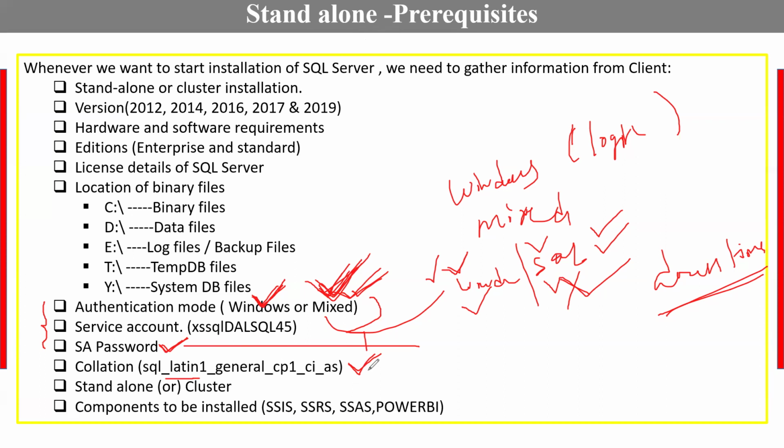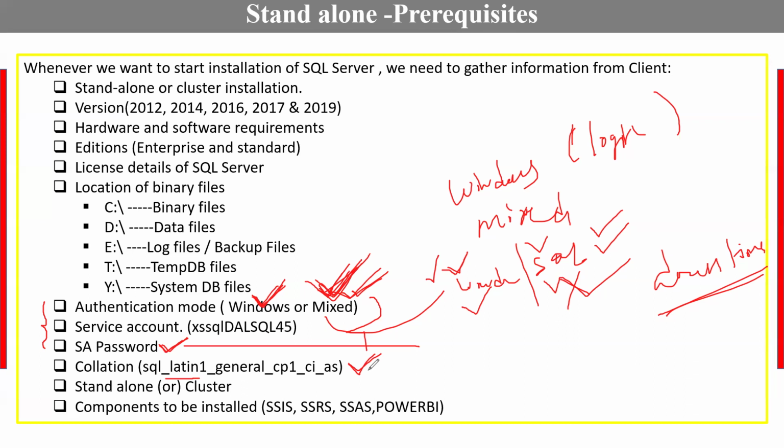So please be careful in the ticket, in the email, if they are specifying any collation while you are installing SQL Server, you need to choose that collation. If you mistakenly forget to choose the collation, and you install the SQL Server and hand over to the application team, then if I want to change the collation, that is the biggest challenge for us, and that is the biggest escalation for us.